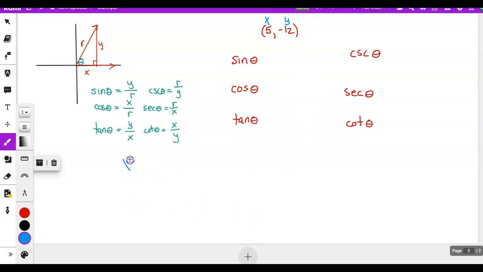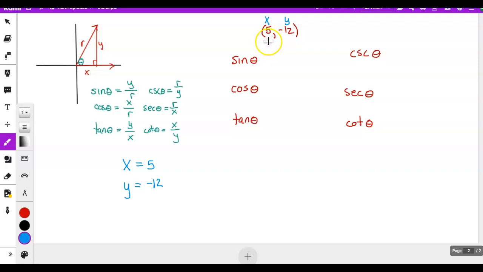Well, if I know that x is 5 and I know that y is negative 12, I need to figure out what r is. So I would do the Pythagorean theorem. This is what's called a Pythagorean triple. And so I told the students that there are 4 Pythagorean triples that they should know. I'll write those down at the end of this video for you.